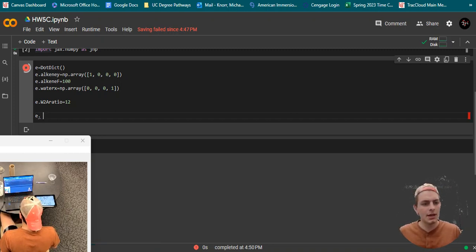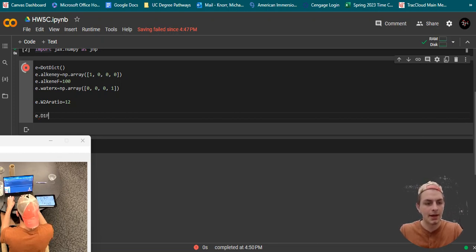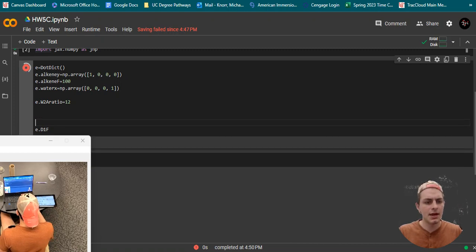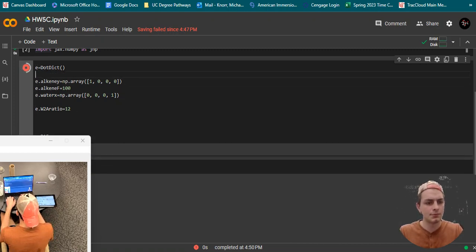So we defined our ratio. What we need to define next is what I called our D1 feed on the iPad there. And it is also going to be the products of the reaction, right? So I guess we could call this reactor feed.